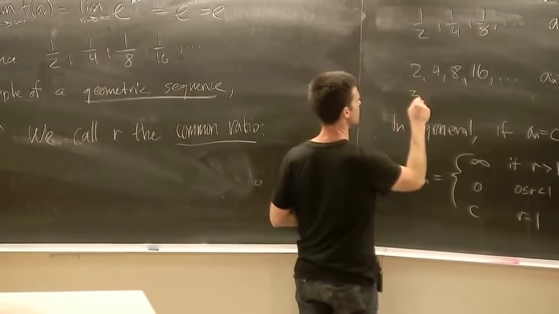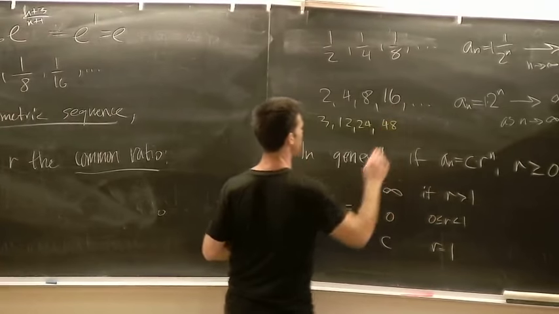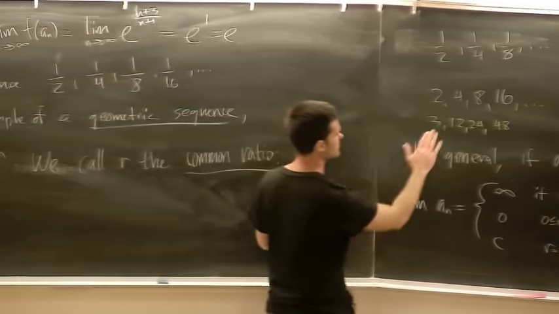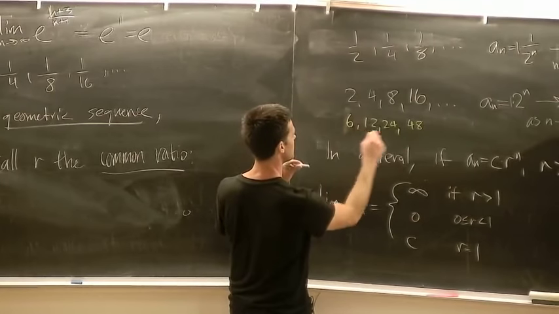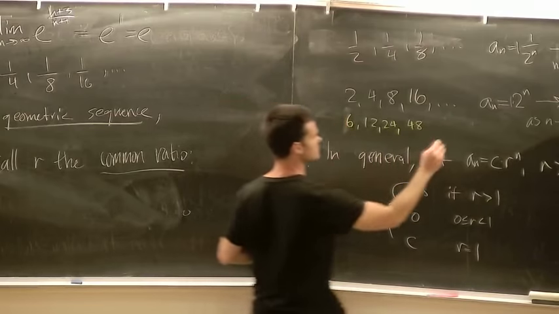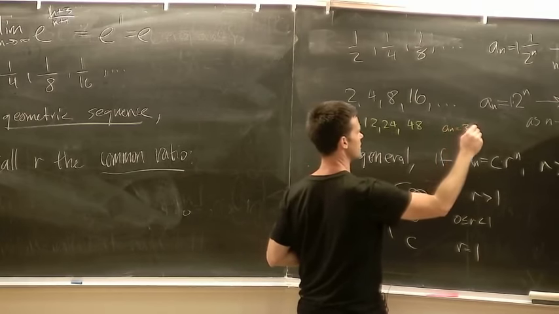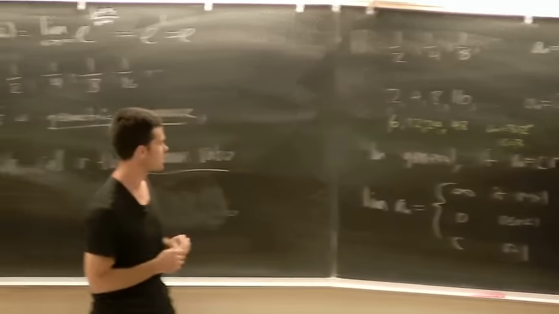How about 6, 12, 24, 48? In this one, a_n is 3 times 2 to the n. All right, so c is 3. That's another type of example.